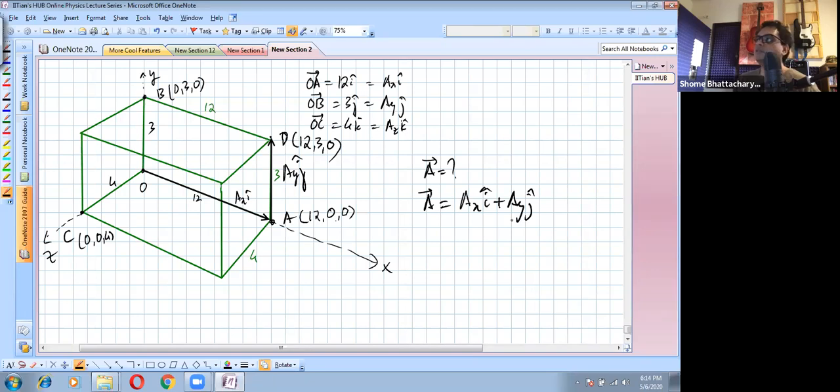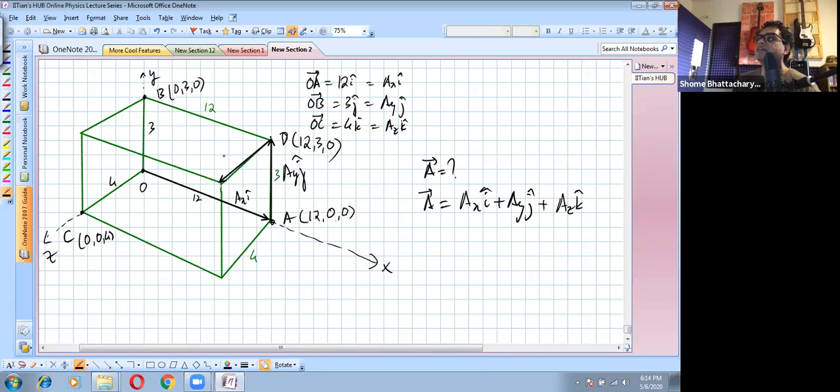And then to that you have added the displacement A_z k cap, which is 4 k cap. That is this one over here. That is precisely this displacement OC which we had seen earlier, but you are not making it from O, you are making it from this point. So your third displacement is A_z k cap.